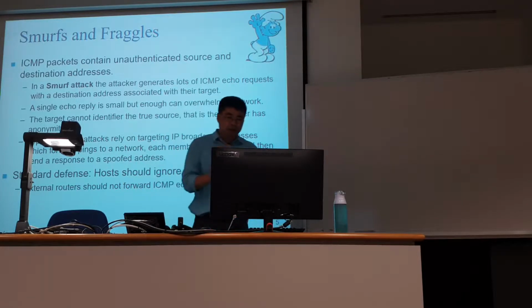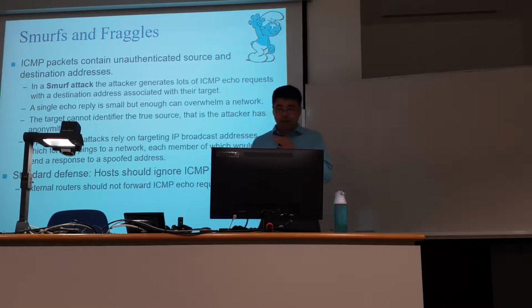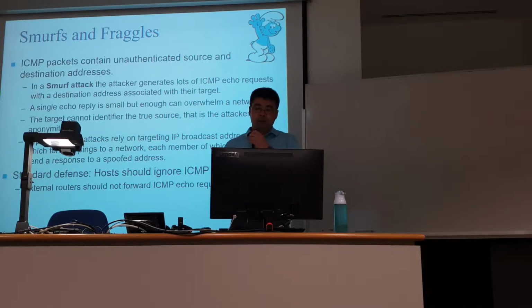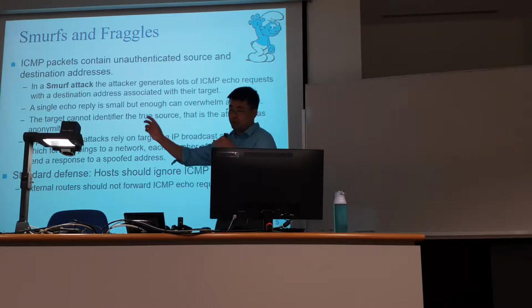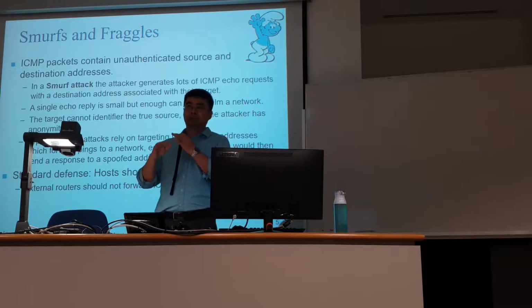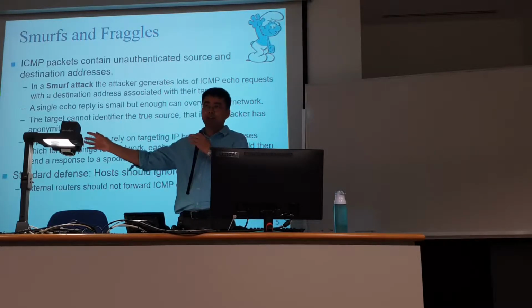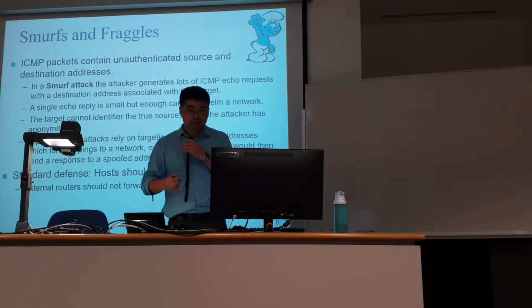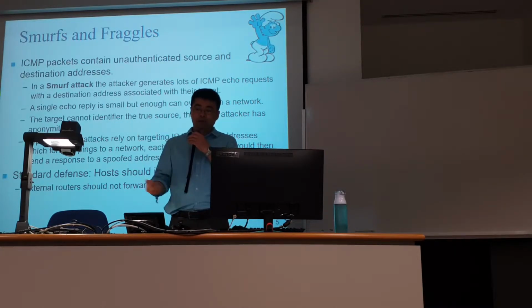We can, for example, combine this mechanism together with the echo request. The echo request is basically the ping request, right? If you want to test whether a machine is online or not, you can just ping this machine. If it's alive, it will send you a response. Basically, you send a request, and it gives you a response.